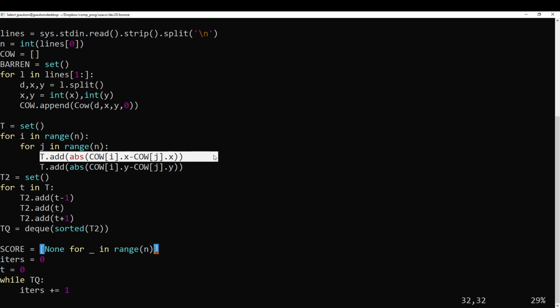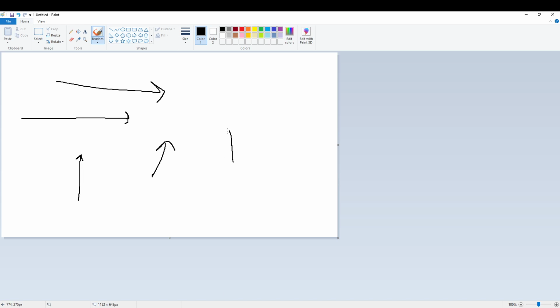Right, so if cow I or J was moving east, then if you have cows like this, then this length, this amount of time is an interesting time, like this cow could intersect.